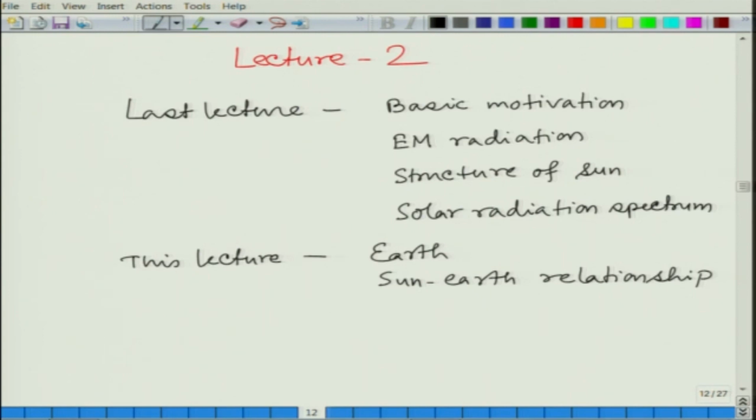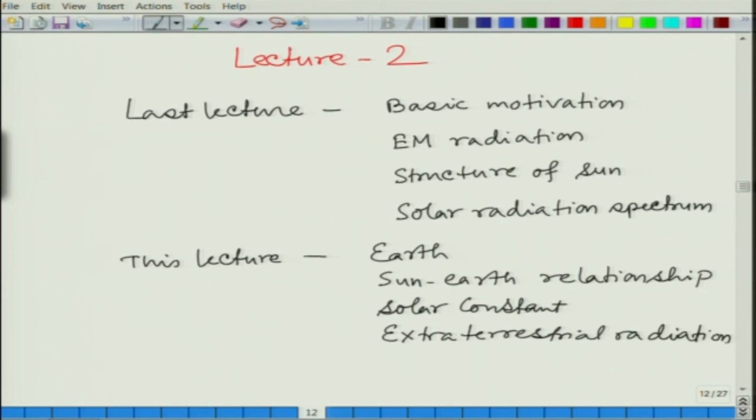Then we will talk about the solar constant, what we mean by that, and the extraterrestrial radiation and how it varies. We will revisit the solar radiation spectrum with the new information that we learn in this class. And if we can cover it, we can also go to the Sun-Earth relationship, revolution and other things. Okay, so let us start.